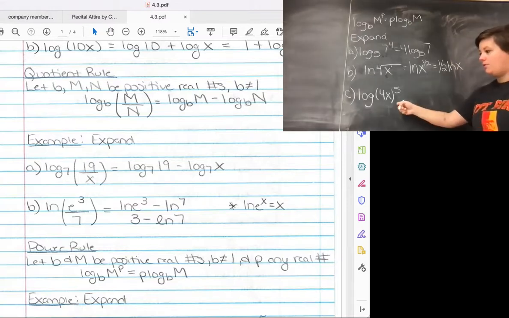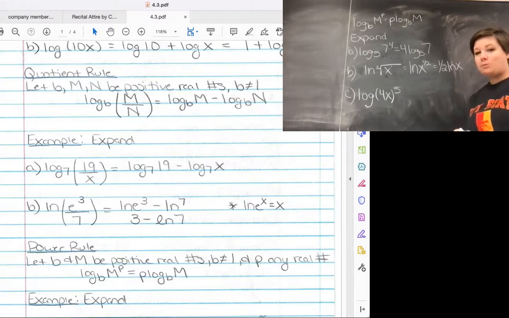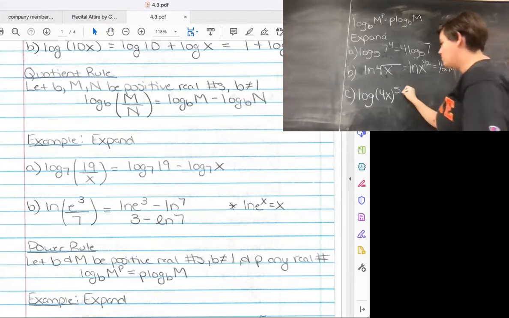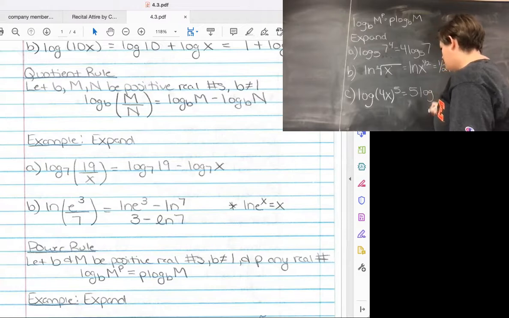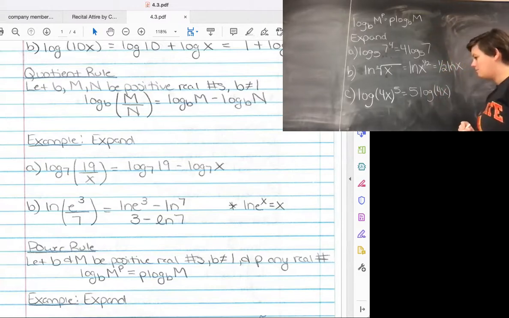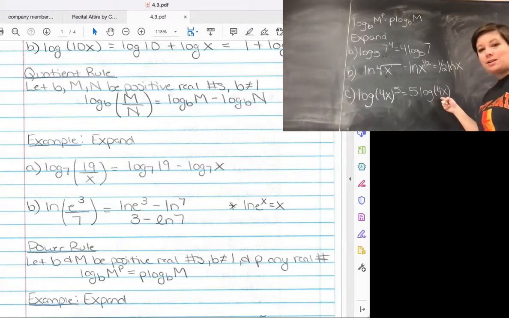Okay, last example of this one, we have log of 4x raised to the 5th power. Power rule says I'm going to pull that 5 down front, and then I still have the log of 4x. Now here's a question. Is this completely expanded? If we're only talking about the power rule, yes, it is completely expanded because we pulled the power out front.